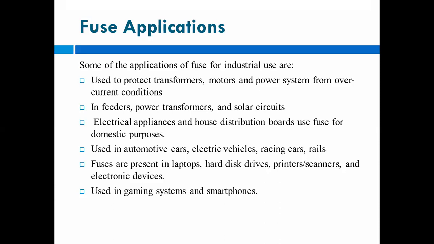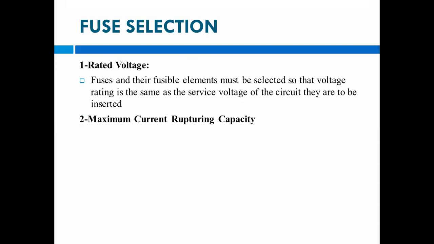Then used in automatic cars, electric vehicles, racing cars, rails, etc. Then fuses are present in laptops, hard disk drives, printers, scanners, and electronic devices, and in gaming systems and smartphones. So all these are the applications of fuses. Okay, so all of you remember the applications also.